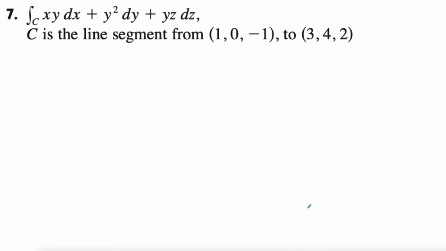Let's look at the next one, number 7. In this case, unlike number 5, we just know that it's a straight line. Then we need to come up with the parametric equations here.